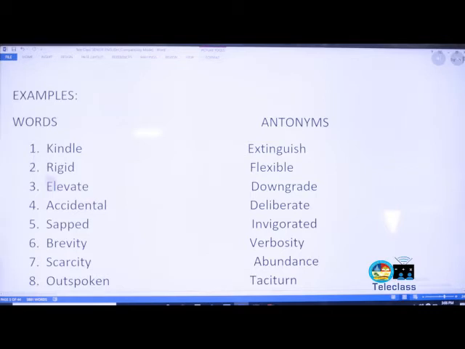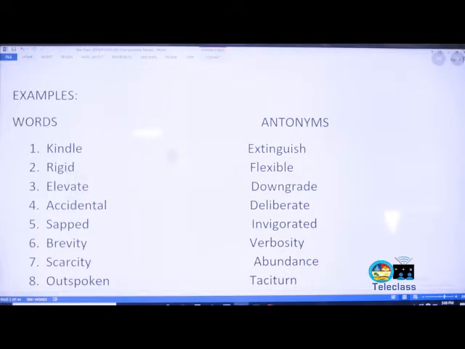Then the third one is elevate. What do you understand by the word elevate? Elevate means to promote. So what's the opposite of elevate? Opposite of elevate is downgrade. Downgrade means to demote. Then the fourth one is accidental.